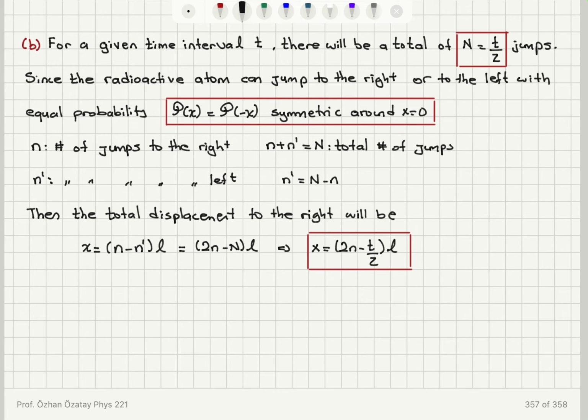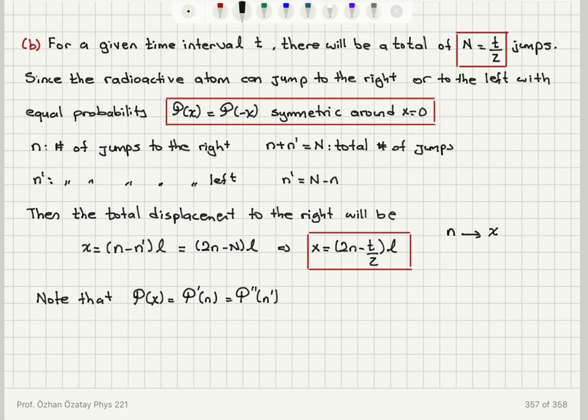Based on this, because for a given n value I have a one-to-one correspondence between n and x, I see that this is similar to the previous problem on the random walk. If you talk about the probability distribution function of x, it should be the same thing as for n, which is also the same thing for n prime.